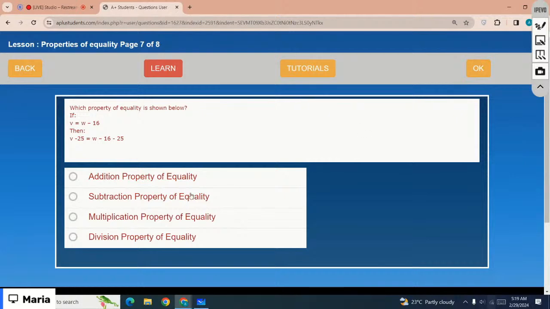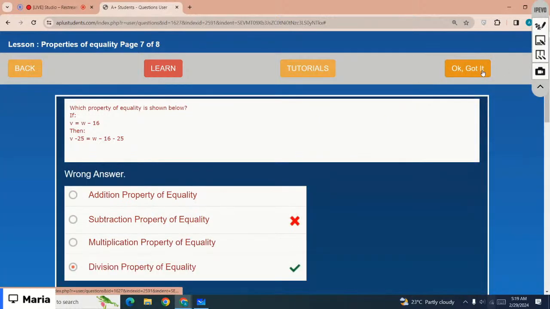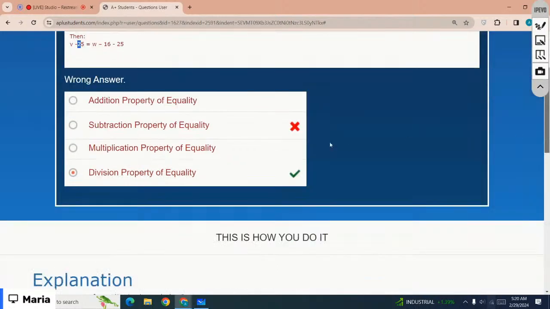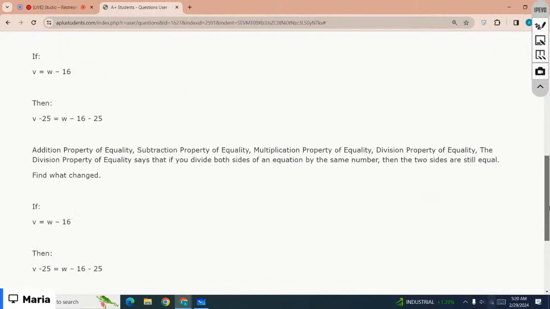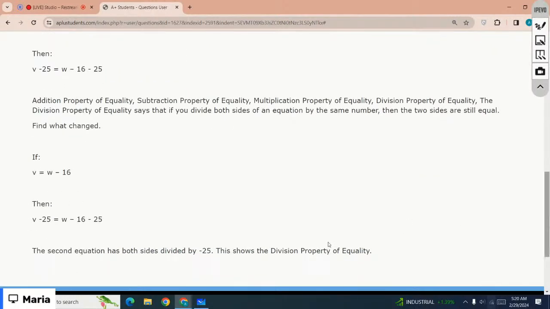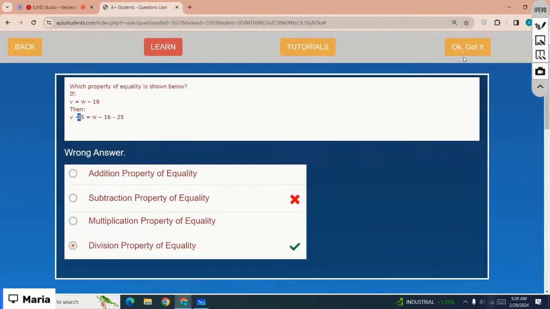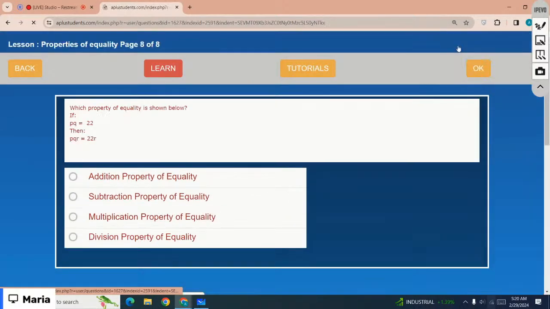Option number 2 is the correct option. Division? No, not division. That is subtraction. You are subtracting. No, this is not division, right? Then maybe the question is different. This is the subtraction property of equality, right?